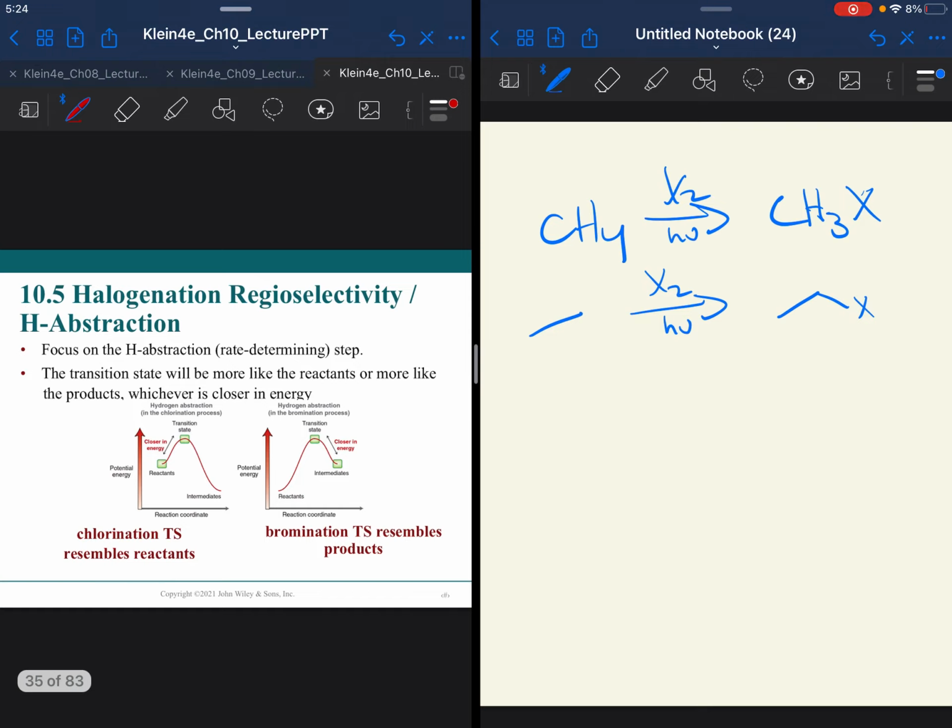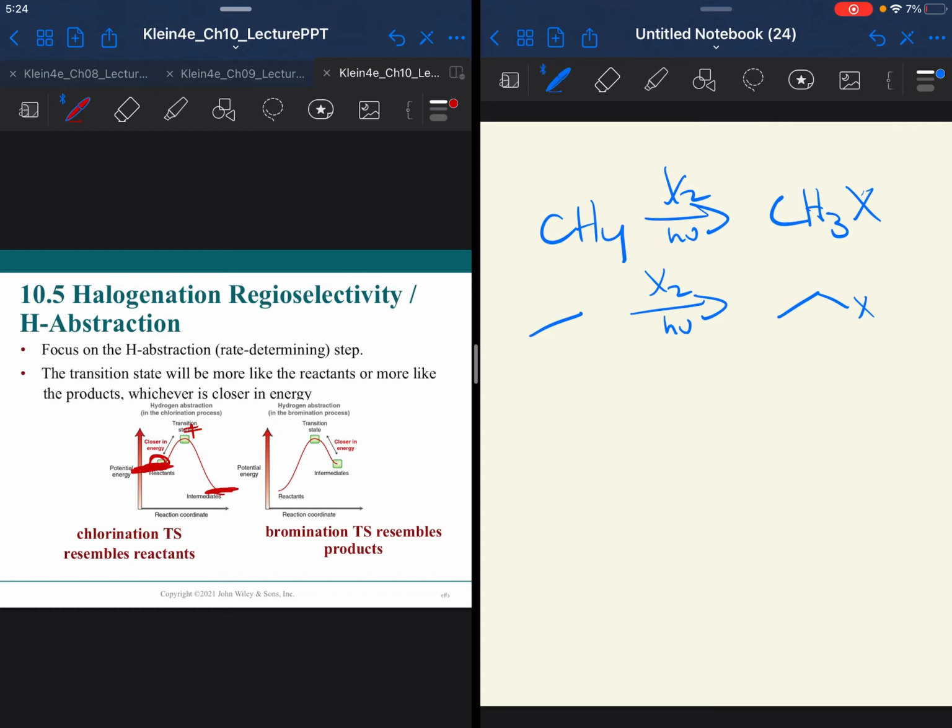When you look at that energy diagram, since the transition state for chlorination is much closer in energy to the reactants than the intermediates, it doesn't matter as much which intermediate you make. Because the Hammond postulate states that the transition state, the top of that energy diagram, is going to look more similar to whichever side it is closer to energetically.